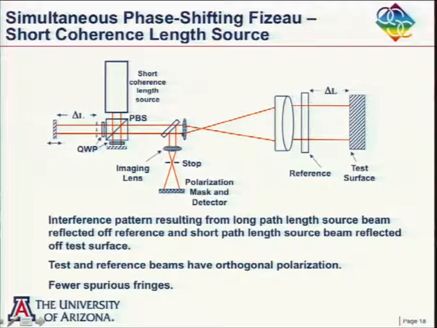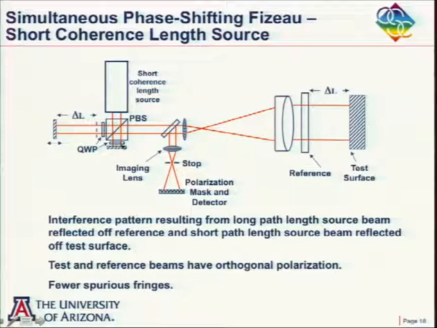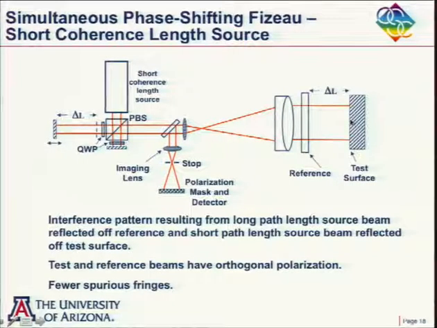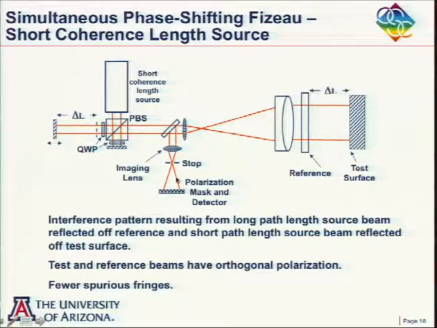If I'm clever here and I make this distance here equal to the path difference back here, then this beam reflected off here and this beam reflected off here will have the paths matched and they will be coherent with respect to each other.